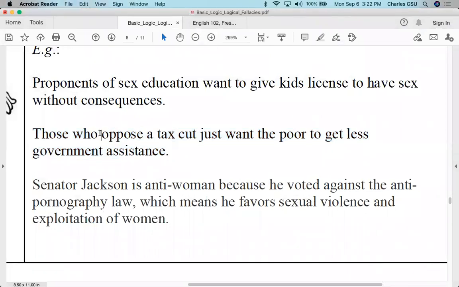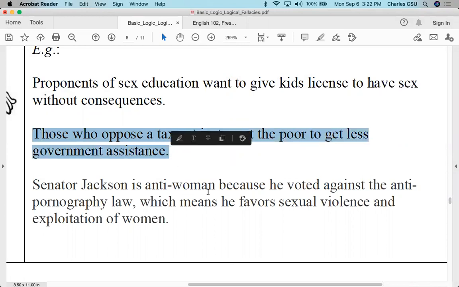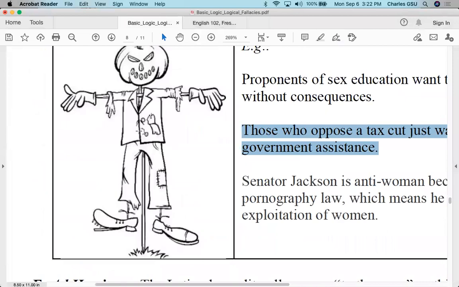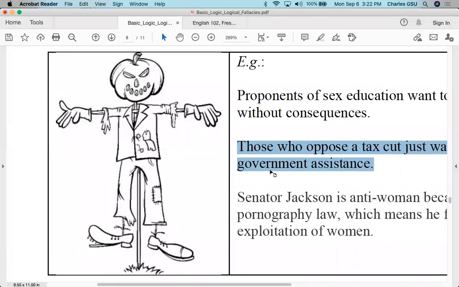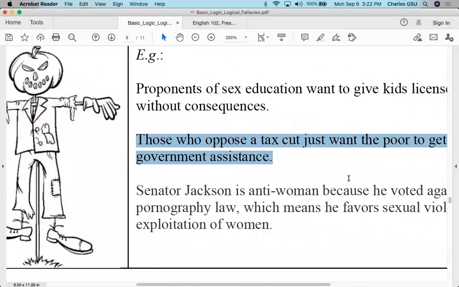So right here, those who oppose a tax cut, well, that would generally be liberals or Democrats. Those who oppose the tax cut just want the poor to get less government assistance? No, that is just the opposite, right? But in a kind of distorted, twisted way, again, the straw man is not a real creature. It's a semblance of a real creature.